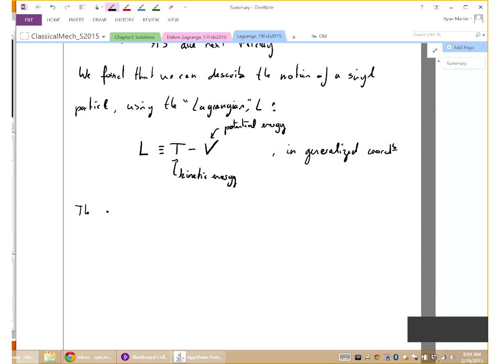then the equations of motion are given by what's called the Euler-Lagrange equation.